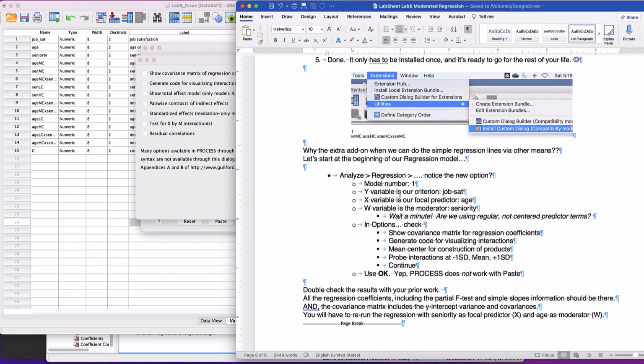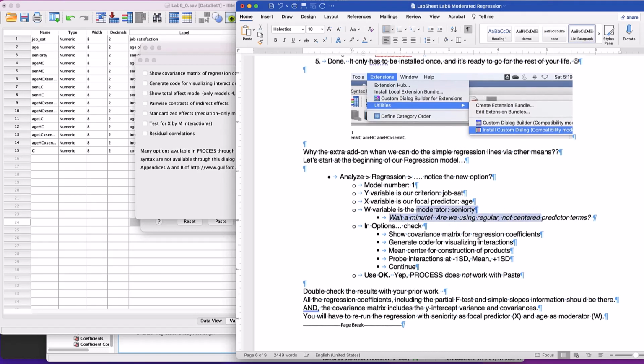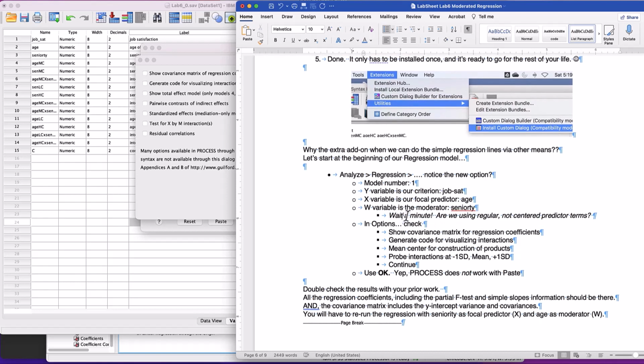Model 1, job sat, focal predictor, moderator. Gotta spell it wrong since it's spelled wrong in the data set. Now notice we're using the regular non-centered predictor terms, right? So we could use process macro here to run the whole analysis and never even have to make centered terms at all. But in options, what we want is a few things.